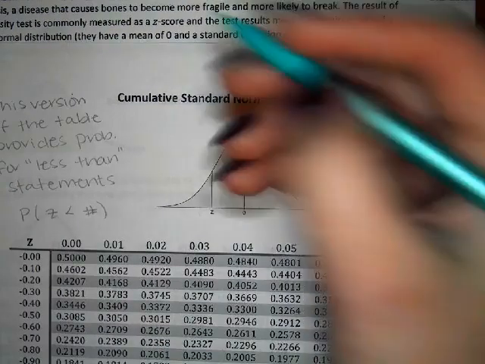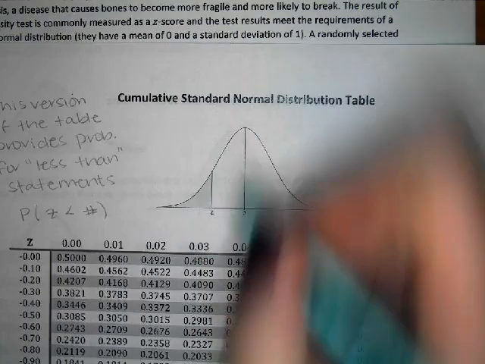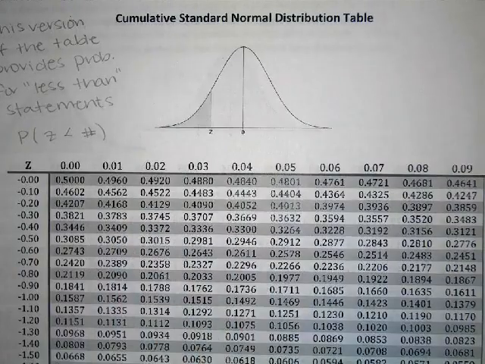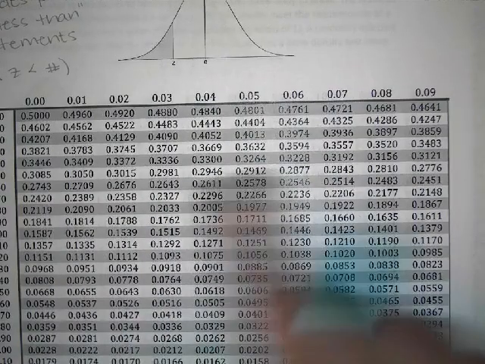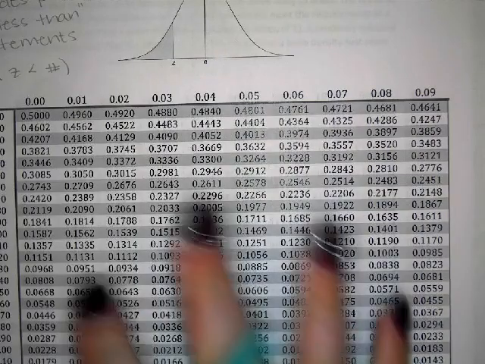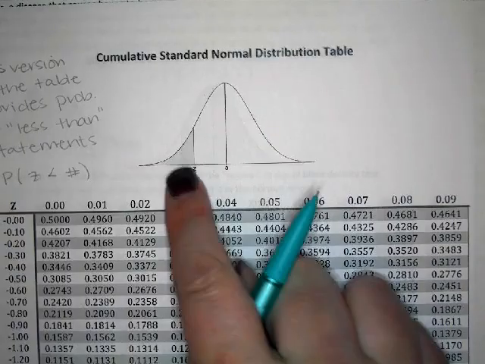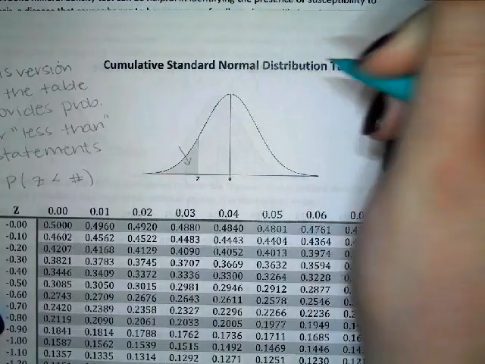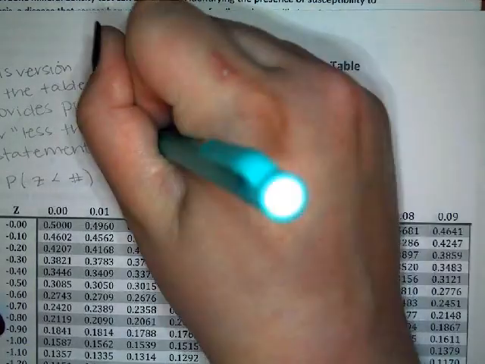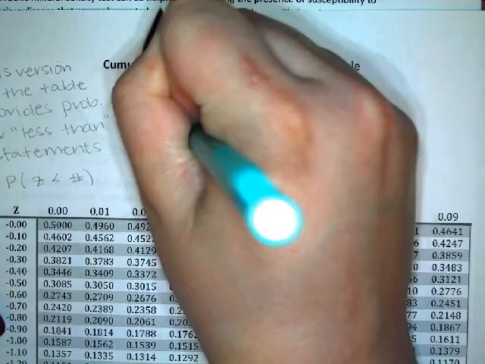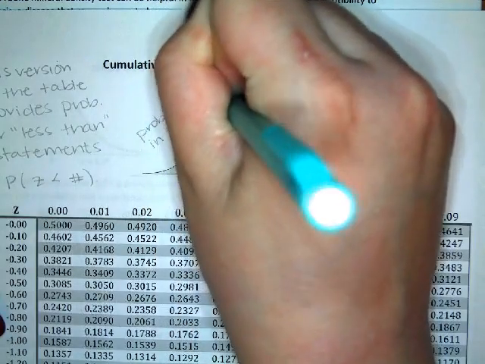When we look at these values here, the inside of the table, these are all the probabilities that are represented by this shaded area. You can see on this side we've got our negative z-scores.